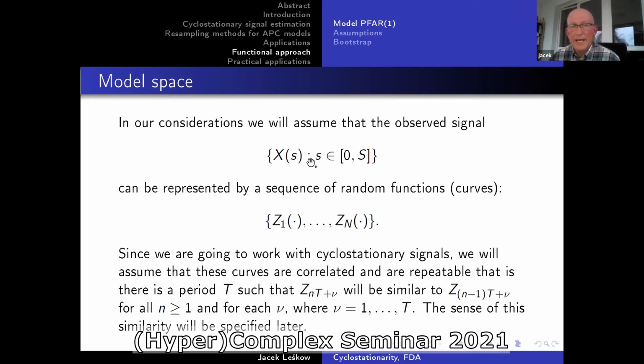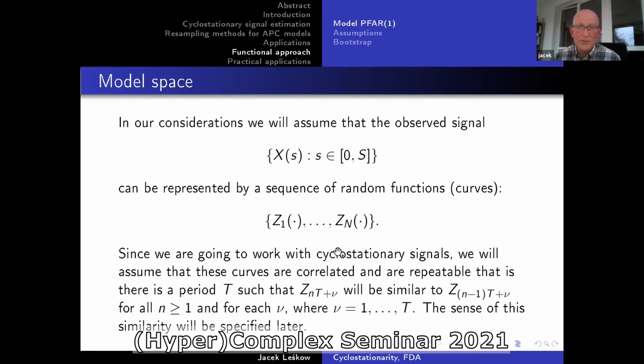If we have a signal X_s, s can be continuous, that's okay, it can be discrete as well, no problem. And we have the signal represented by a sequence of random functions. So from the probabilistic point of view, we think of those random functions as parts of stochastic processes, or let's say random elements with values in the Hilbert space.